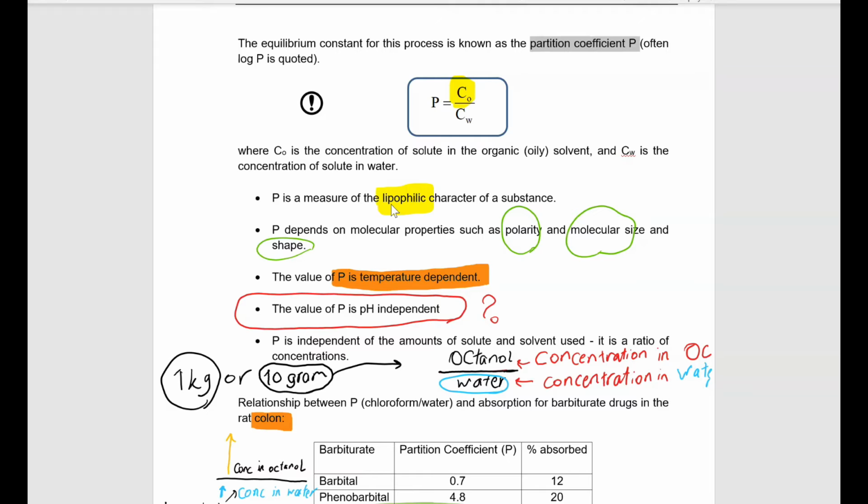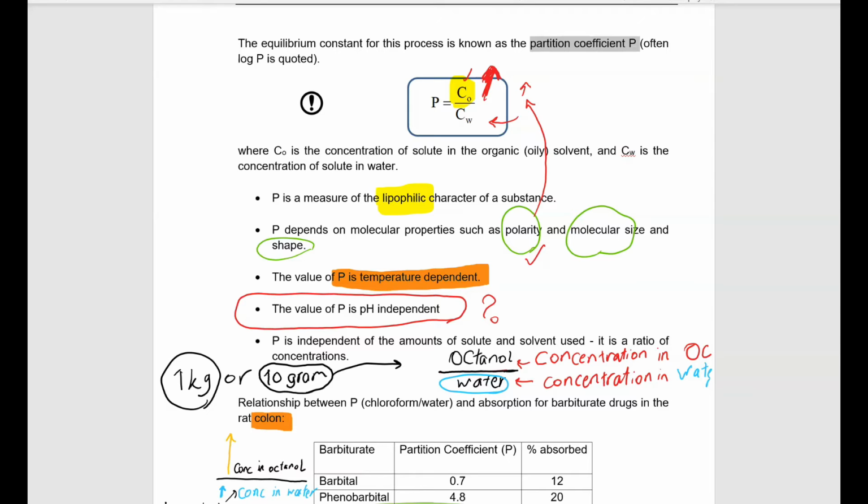What else affects the increase of the denominator in this ratio? If it's a polar one, this ratio will decrease, because the more polar molecules just want to be dissolved into the water rather than the lipophilic molecules.